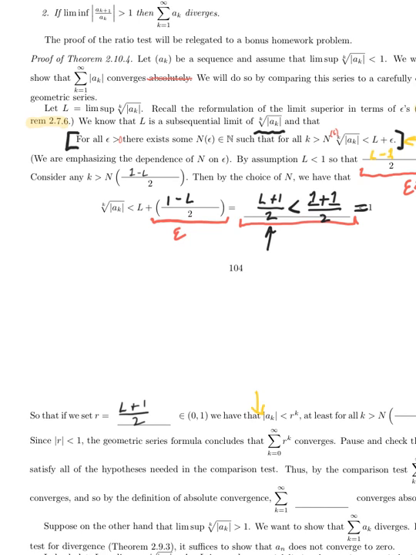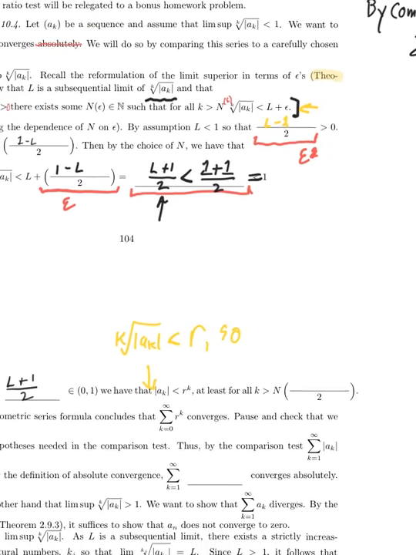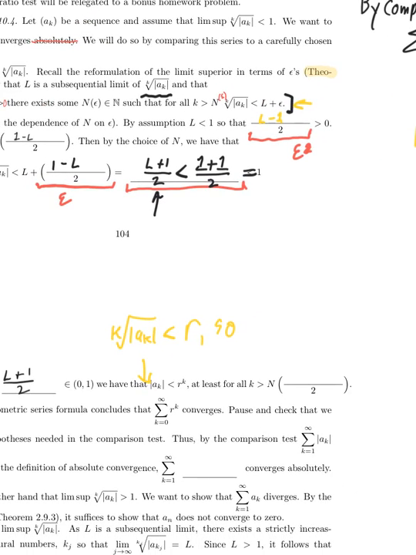If I set that to be the choice of R, I now have the kth root of absolute AK is always less than R, at least as long as K is greater than our choice of big N. So AK itself is less than R to the K, at least for all K, again, greater than big N of 1 minus L over 2.